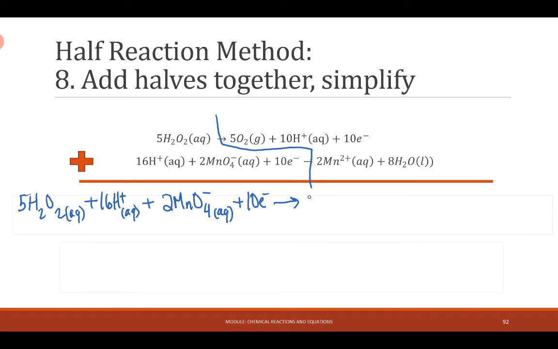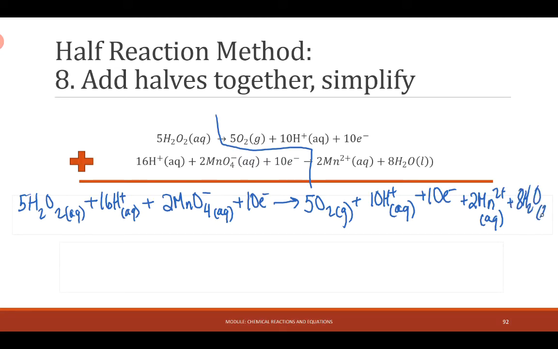So I have my 5O2 gas and my 10H plus aqueous and my 10 electrons and 2 Mn2 plus aqueous and 8 H2O liquid.